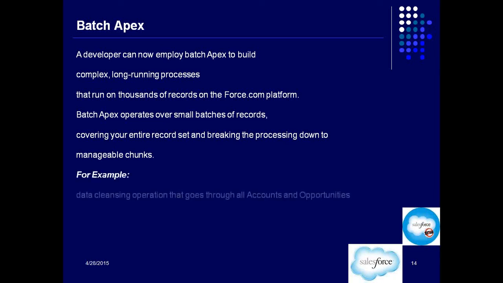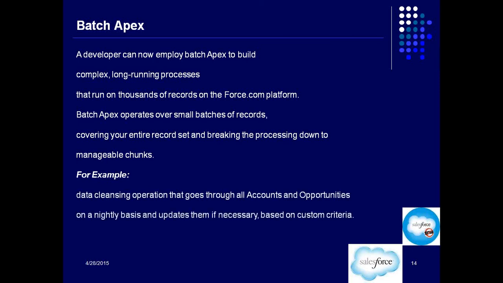For example, a data cleansing operation that goes through all accounts and opportunities on a nightly basis and updates them if necessary. Let's say you have a data cleansing activity where you want your Apex to check all the accounts and opportunities based on some custom criteria and update them.